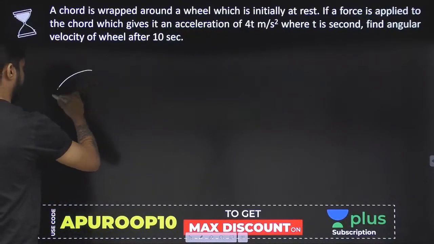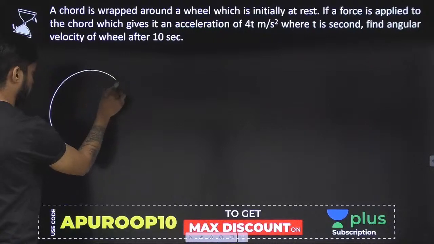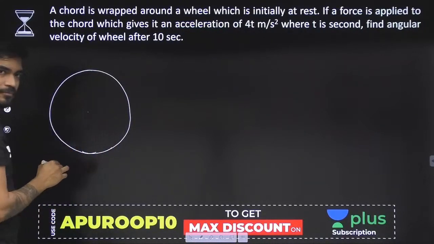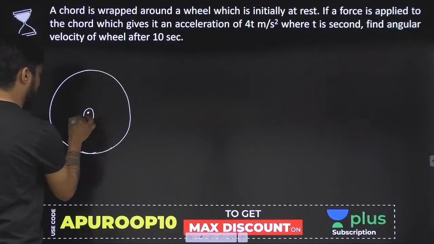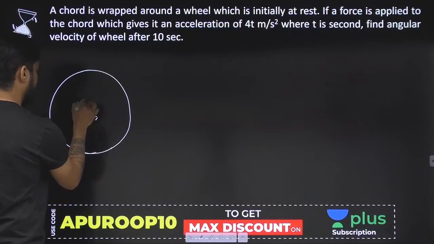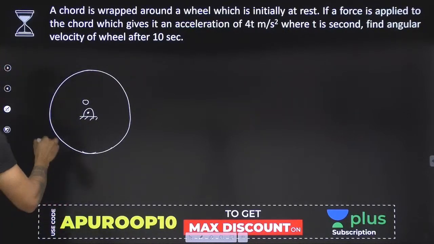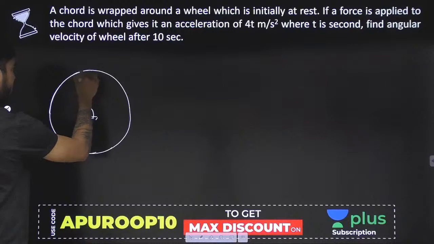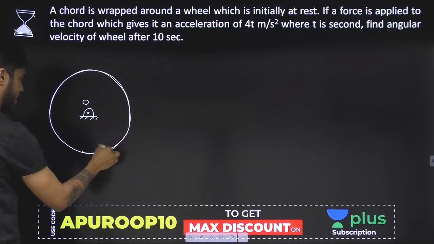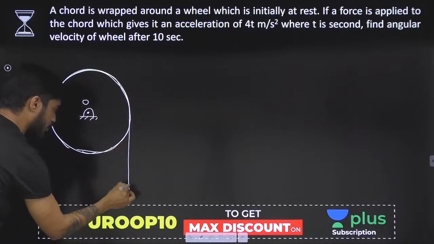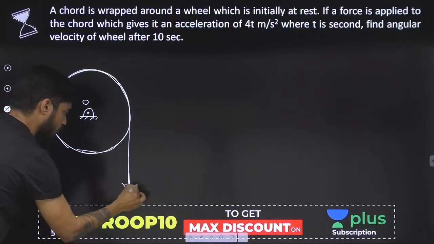So let's say this is the wheel, hinged at the center, so this is my center of rotation. A cord is wrapped around the wheel, the cord being a rope wrapped around it.